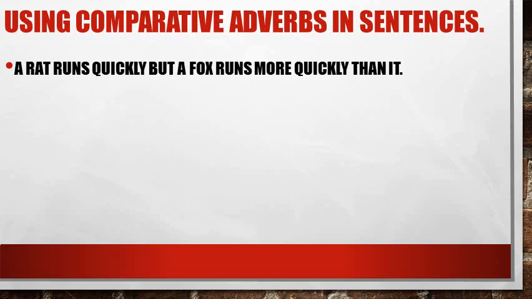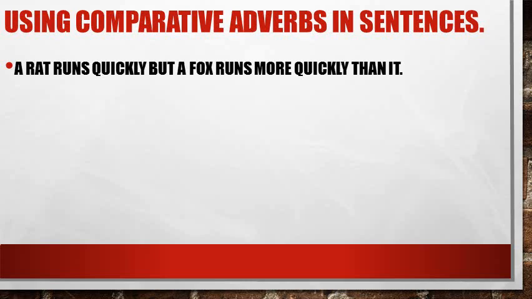So now, why we're using quickly here is to describe how a rat runs. This is something they do on and on. So we're not describing a particular race that they did. We're describing their nature.